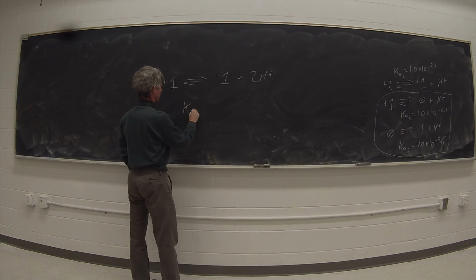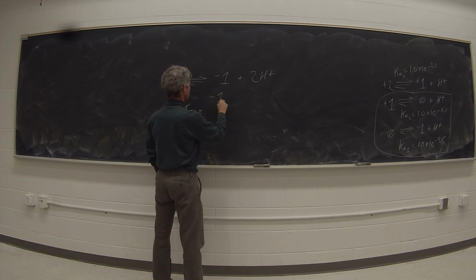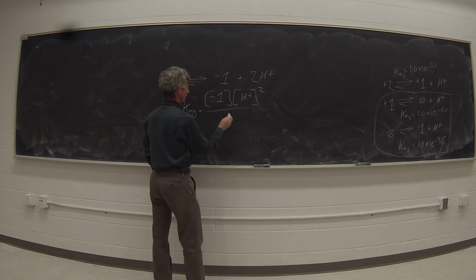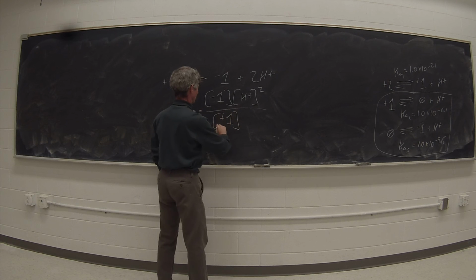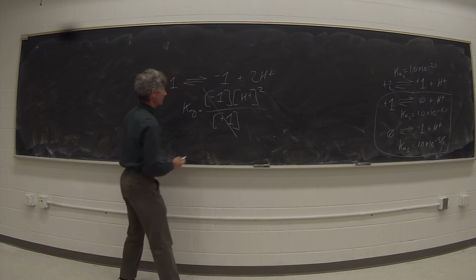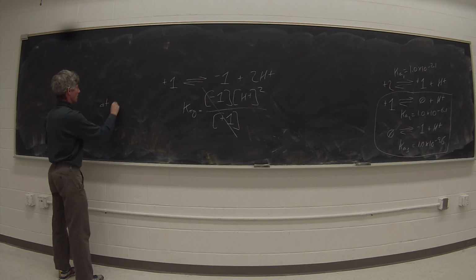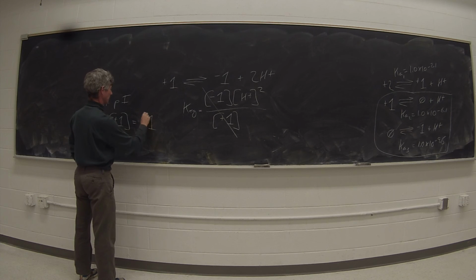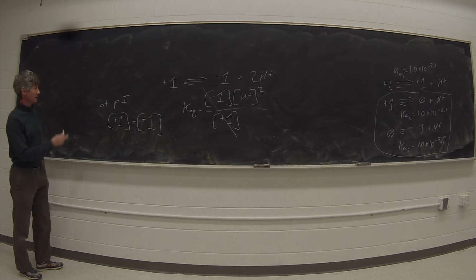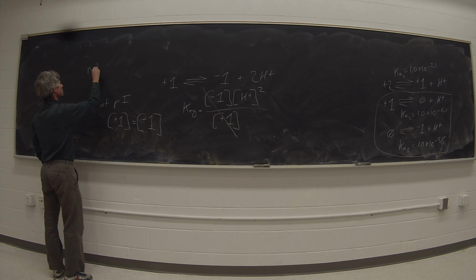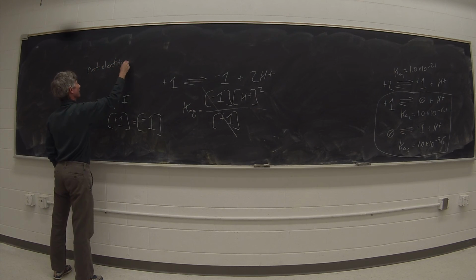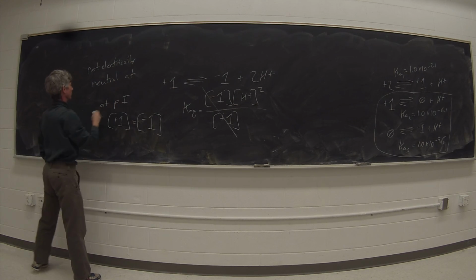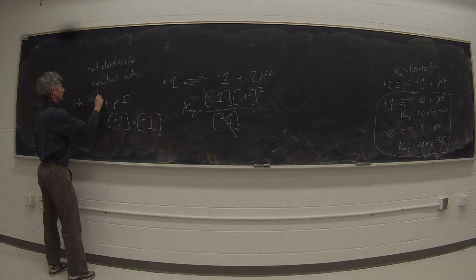And we can write the equilibrium constant for that reaction as the concentration of the -1 species times the concentration of the hydrogen ion squared divided by the concentration of the +1 species. But by definition at the isoelectric point, the concentration of the +1 species is equal to the concentration of the -1 species because the system has to be net electrically neutral at the isoelectric point.